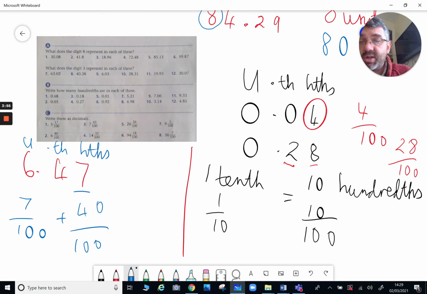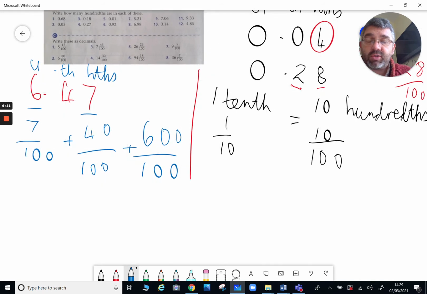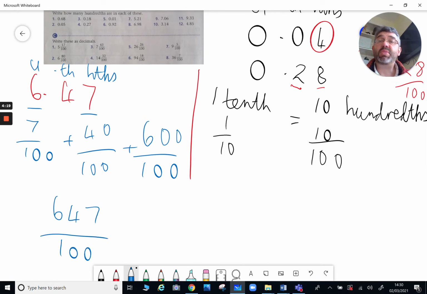And something a little new: when you've got anything in the units, 1 unit is 100 hundredths. So 6 units will be 600 hundredths. So you've got 600 plus 40 plus 7, 647 over 100 hundredths. Be careful with those.